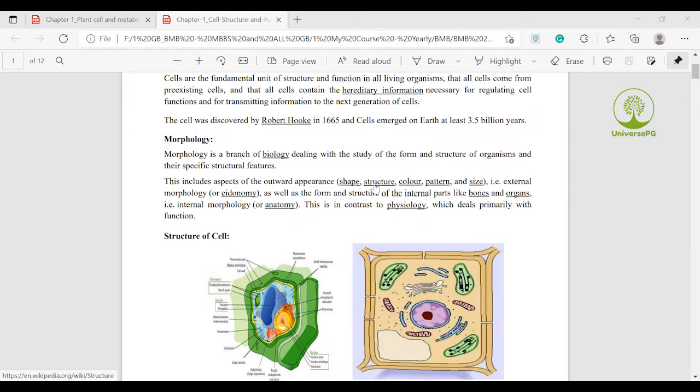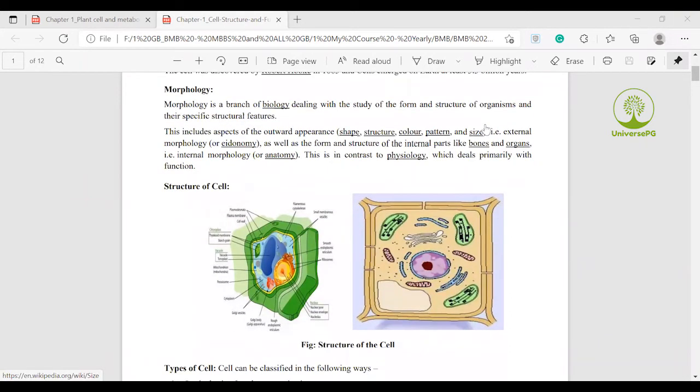In the morphology of cell, generally we know the shape of cell, structure of cell, color, pattern, size, and the external morphology of the cell also, and the internal morphology generally we know by the study of anatomy of cell. This is called the morphology of cell.